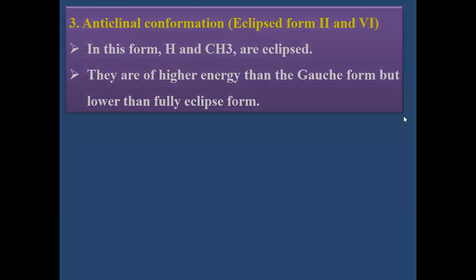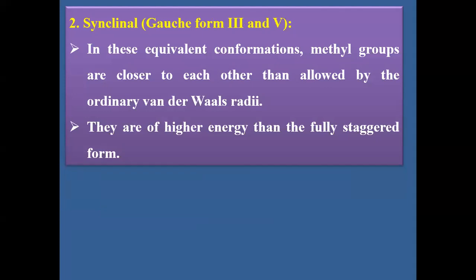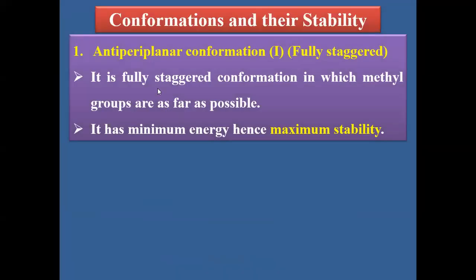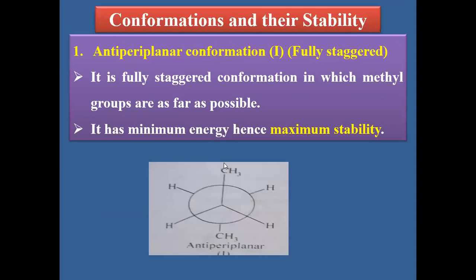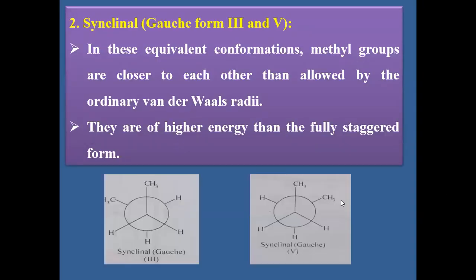So again, we start with number 1. See here, anti-periplanar form, methyl groups are away from each other. That's why it is highly stable. In the second form, methyl groups have come a little closer to each other, okay, and they have come close, but this is not an eclipsed form, meaning no hydrogen or methyl group has hidden another methyl group or hydrogen, right?